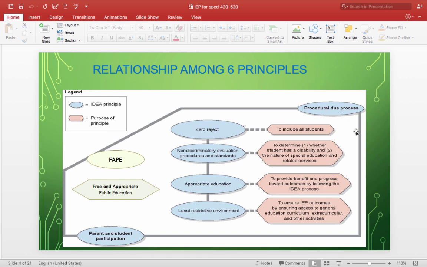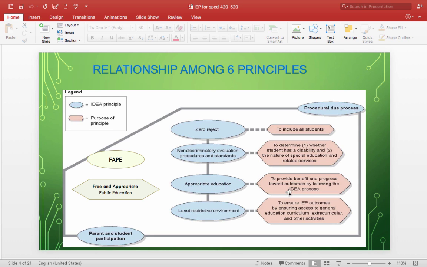The purpose of these principles is to make sure that we are including all students, to determine whether or not they have a disability, to provide benefit and progress, to ensure that all of the IEP outcomes ensure access to the general ed curriculum to the greatest degree possible.